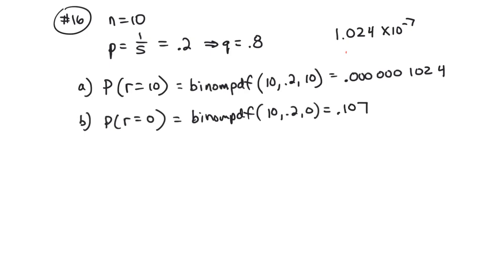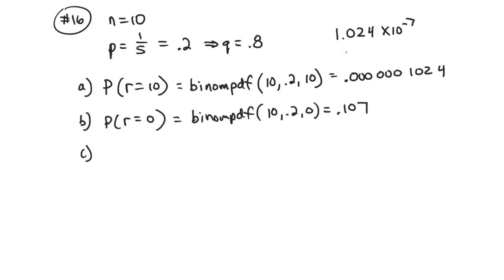So about an 11% chance that he would get none of them right. So he's probably not going to get none of them right. He'll probably get a small number of them correct, just from randomness.